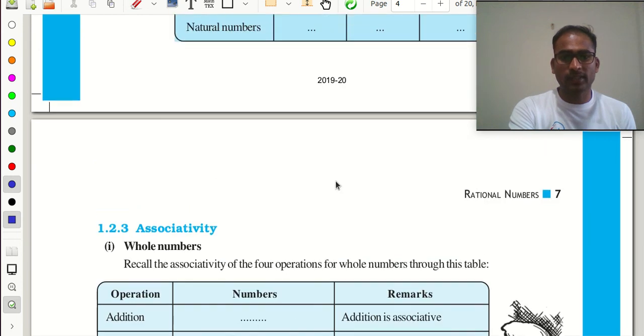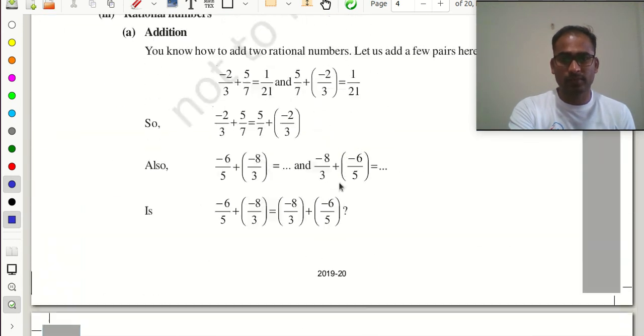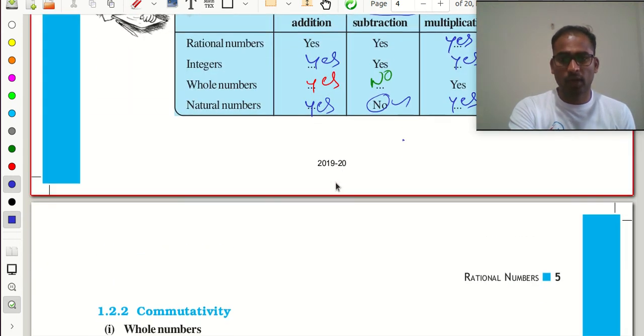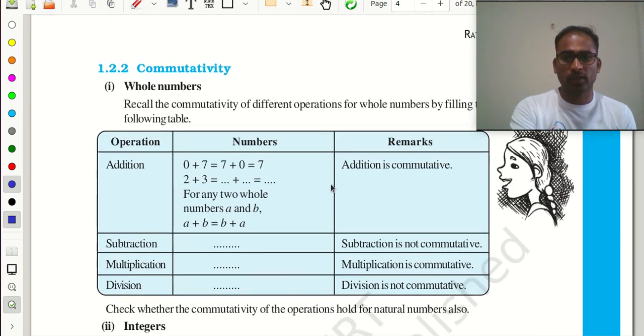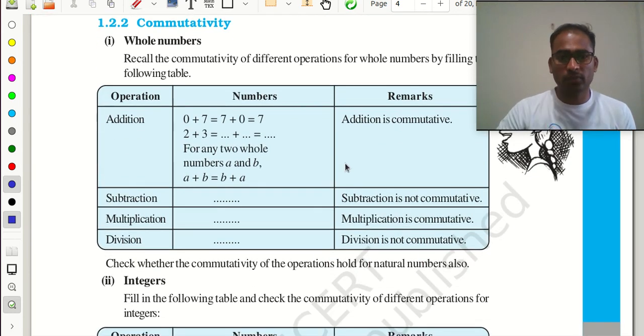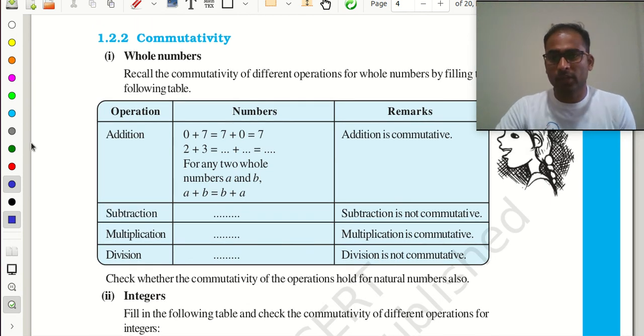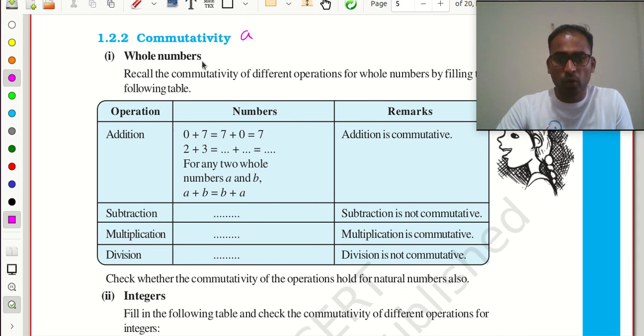Now tell me, what is a commutative property? Commutativity means what? Suppose if you discuss with whole numbers, a is a whole number and b is also another whole number.